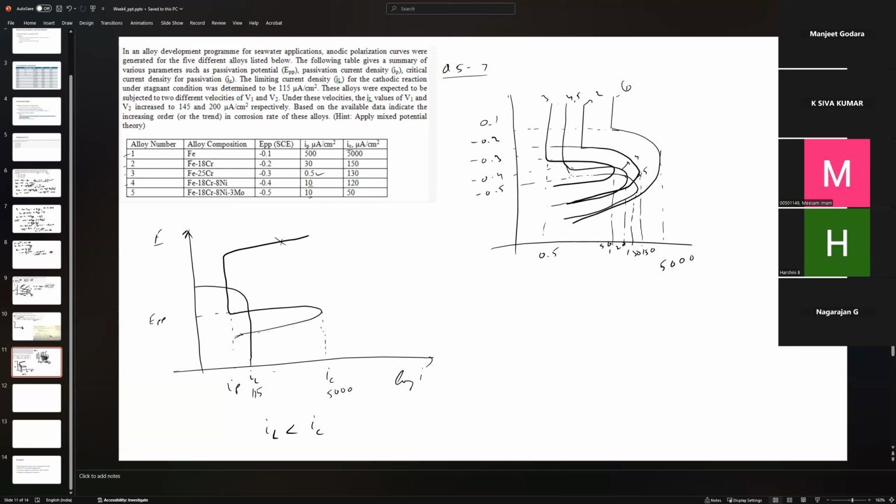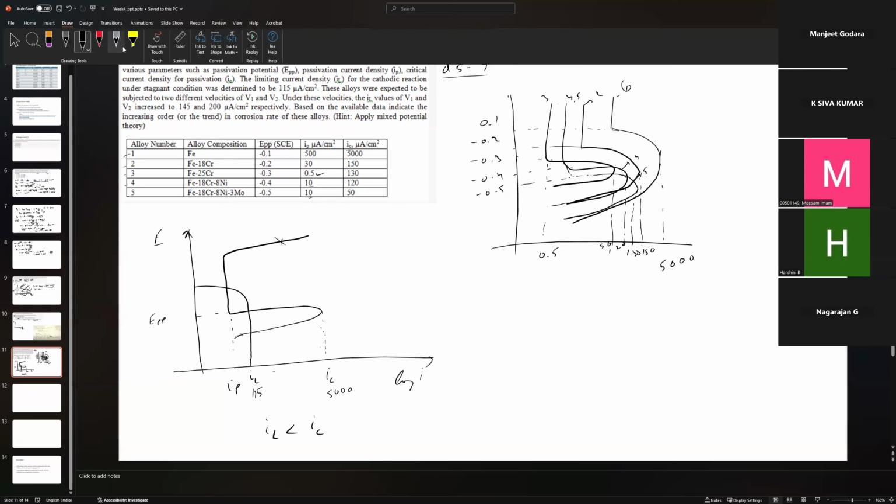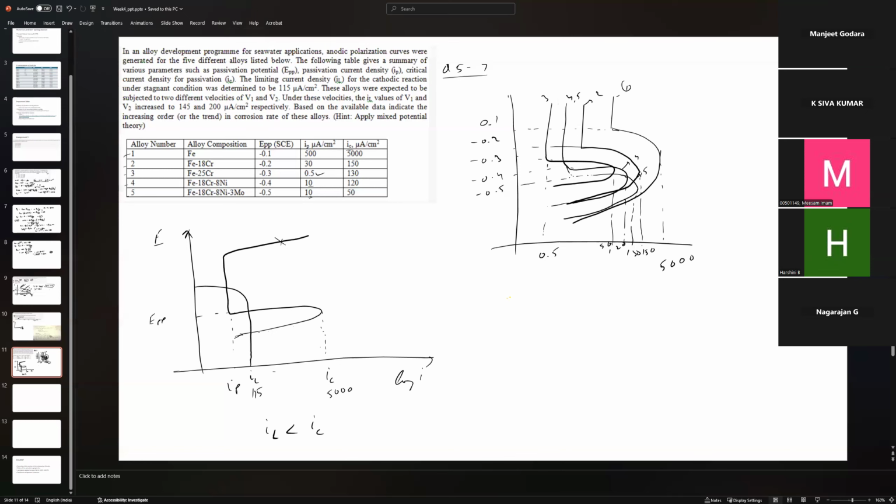For the first case, in stagnant conditions, let me change the color.